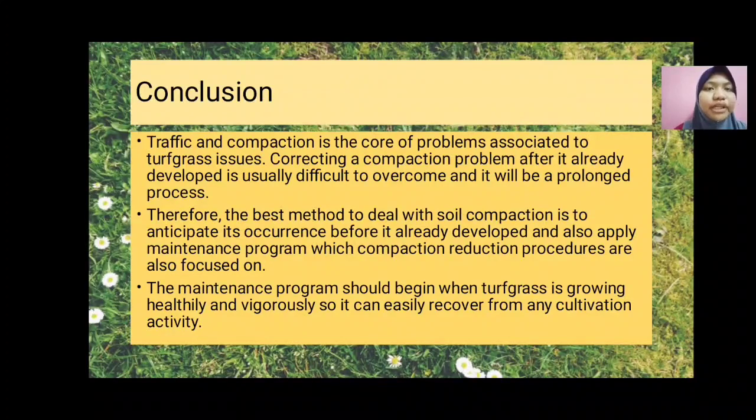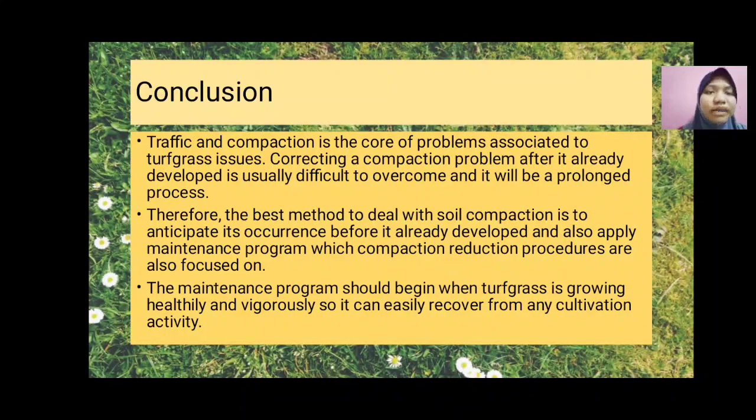For the conclusion, traffic and compaction is the core problem associated with turf grass issues. Correcting a compaction problem after it has already developed is usually difficult to overcome and will be a prolonged process.